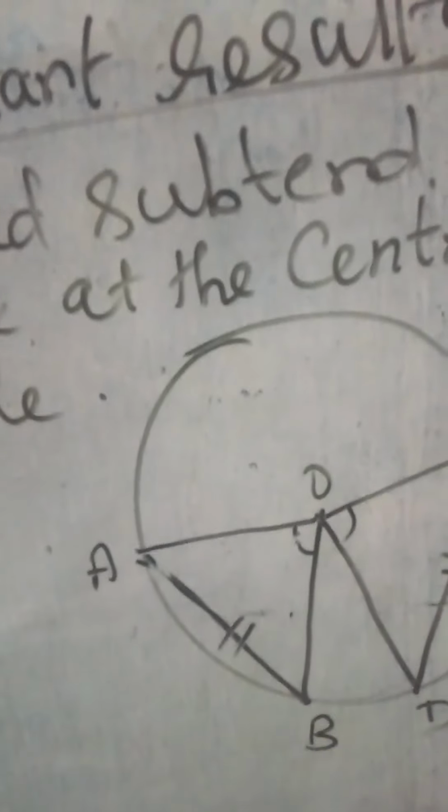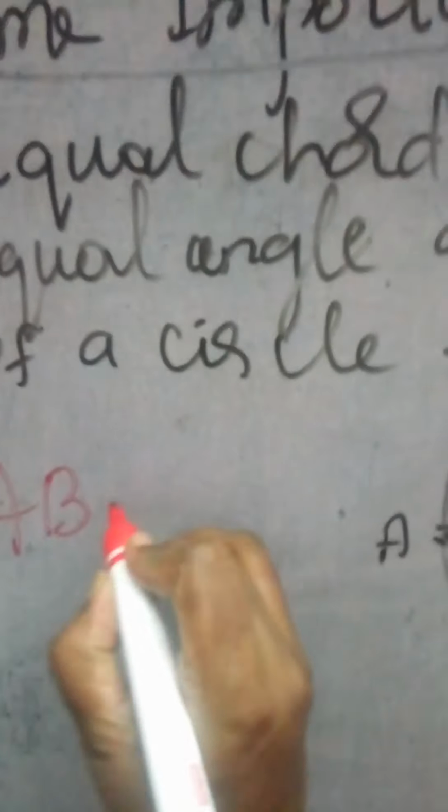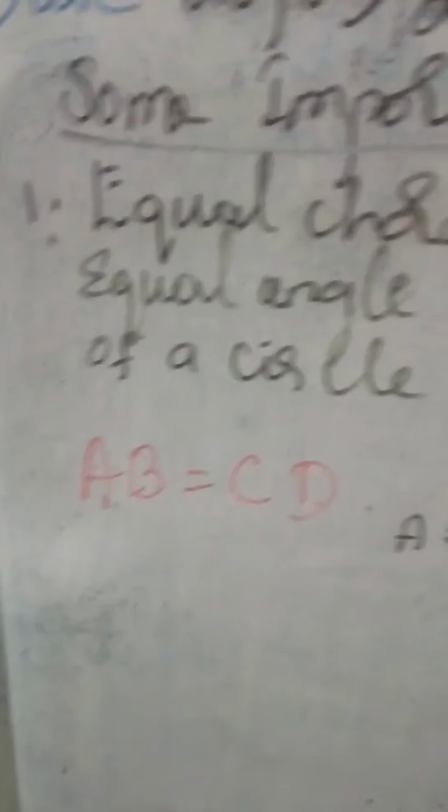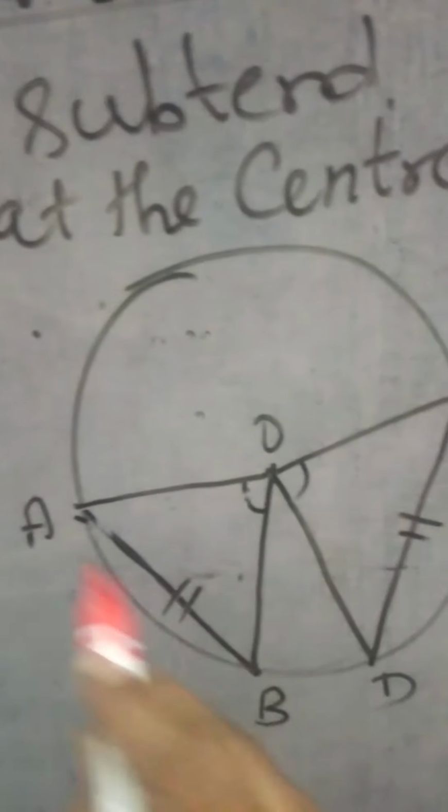Now see here, in the circle, AB is equal to CD, that they have given. Now the angle subtended here by AB is AOB.